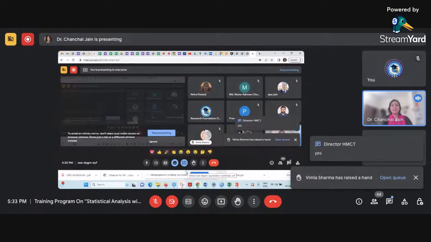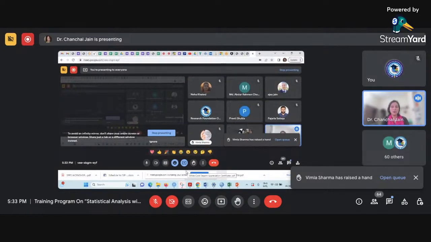I think many of you are either writing in the chat or using different emojis to give me some confirmation. But I want to clarify something when we are using Google Meet. When I present my screen, I am unable to see anything in the meeting except my screen.